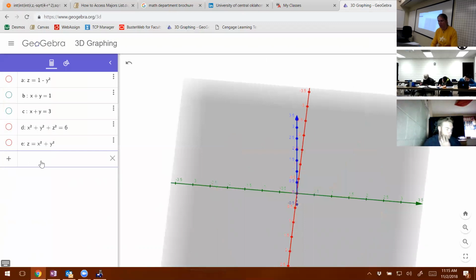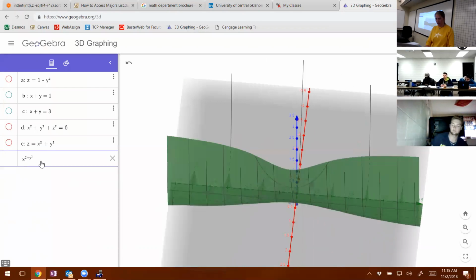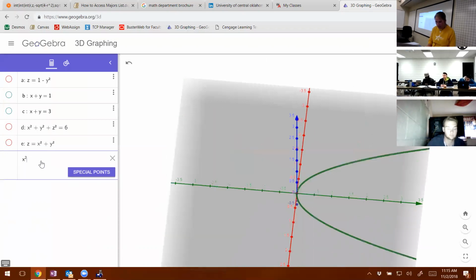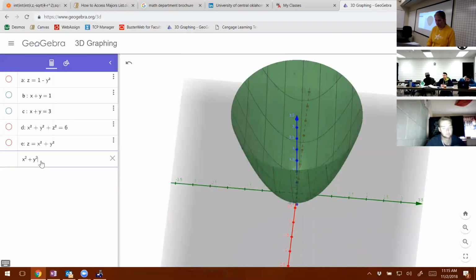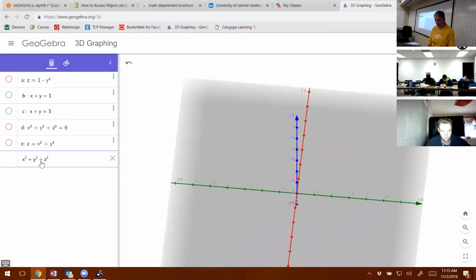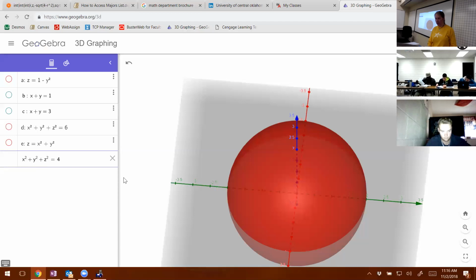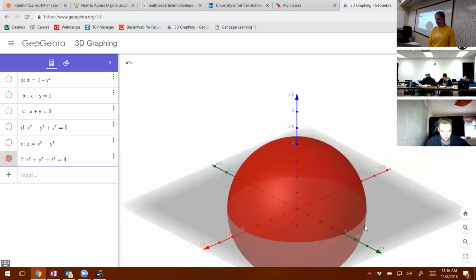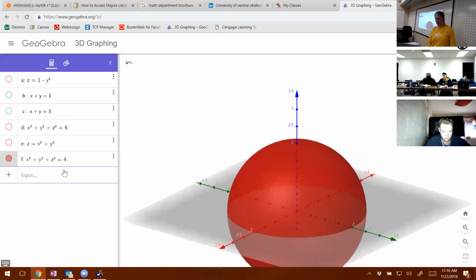Let's see if this will apply. Okay, so sphere radius 2. Okay, so there's our sphere radius 2. And I did write it in rectangular coordinates just because it's easier to type it.